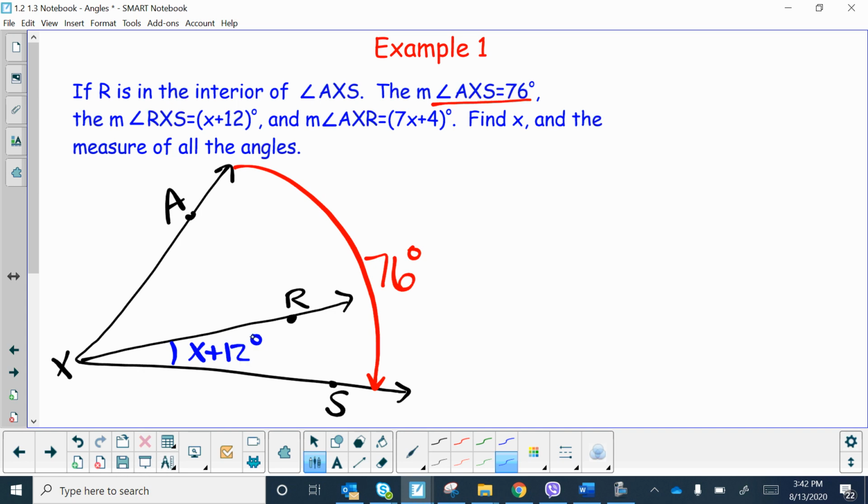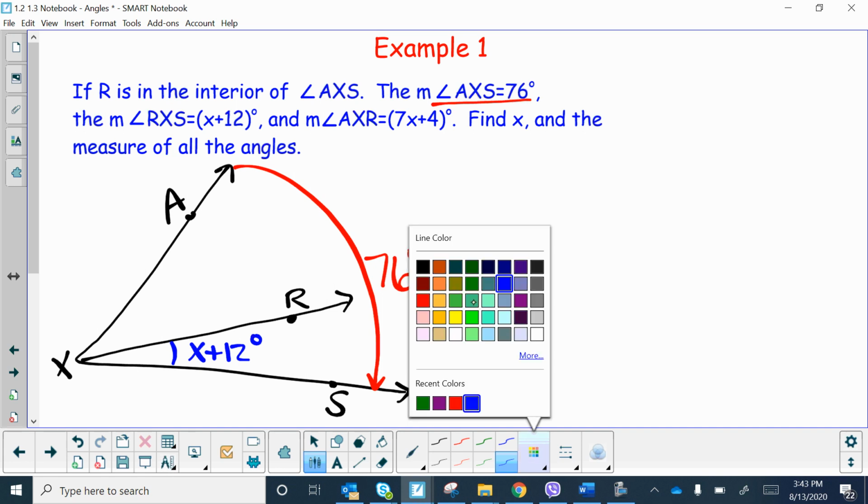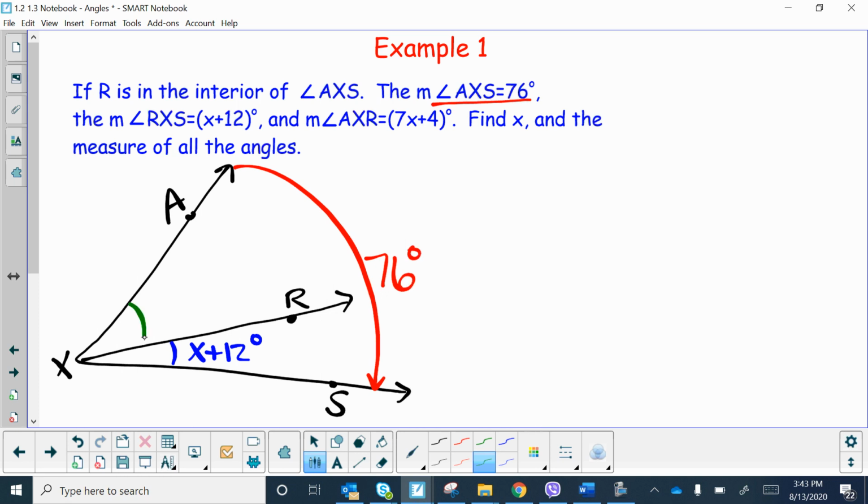So we're tying in the algebra so you can still practice your algebra. And then angle AXR, this one here, is 7x plus 4 degrees. They want us to solve for x and find the measure of the angles.